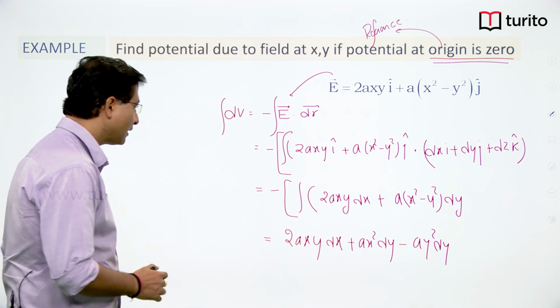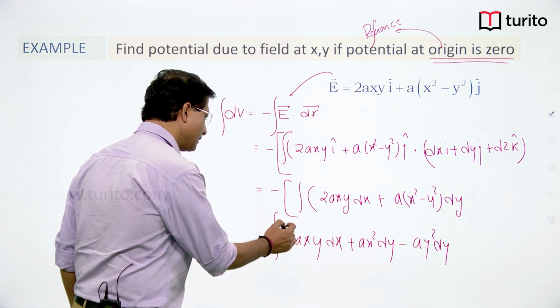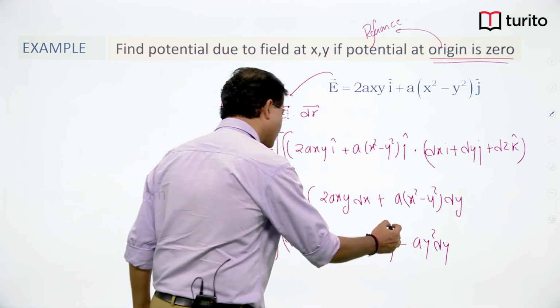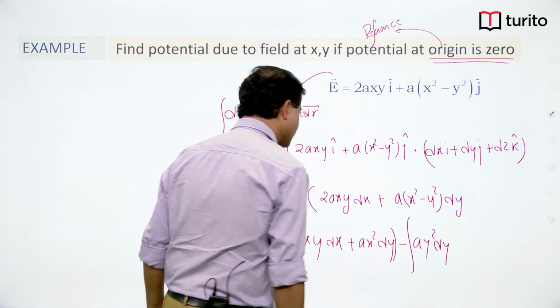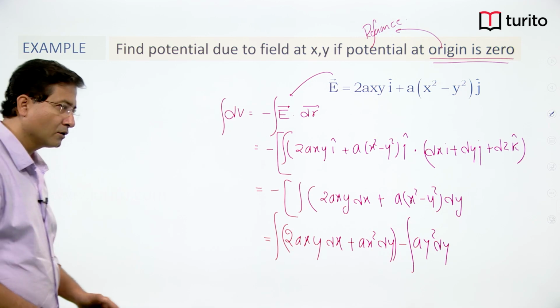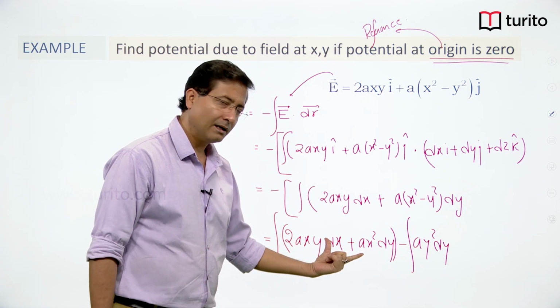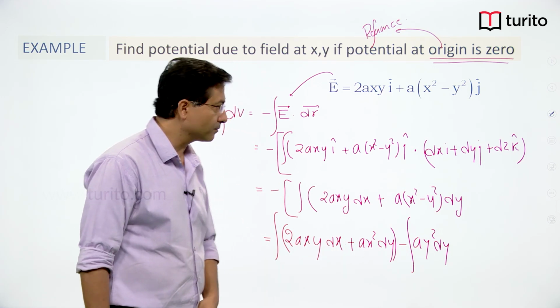That means I can also write it this way, these two as one term, integration this as another term, right. So I combined that x square dy with this one and this I can convert into direct function form.